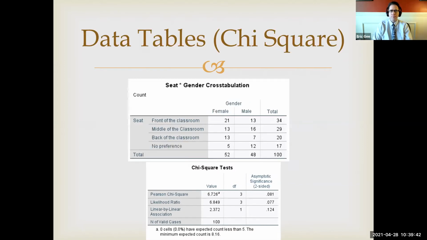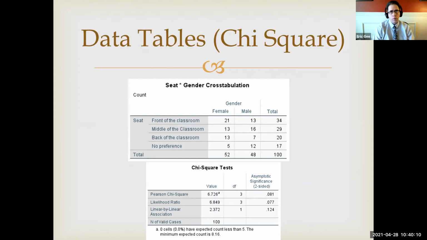This is gender. Okay, so I have a chart that looks a lot like the same one I showed you, but this time it's just male and female cross-tabbed with seat preference. And then you can see how that looks. And if you look down at the Pearson chi-square, notice that that number is much closer to 0 than the prior one. So we have some differences here between the genders.